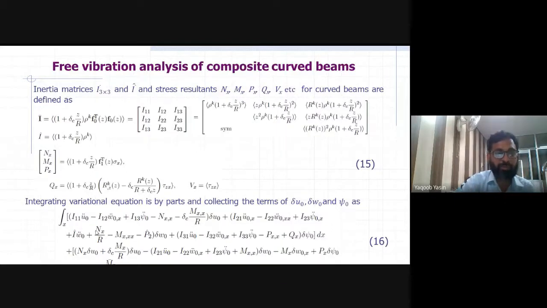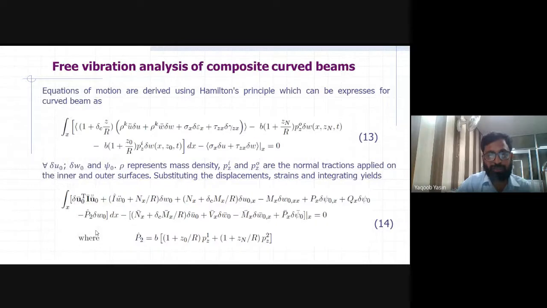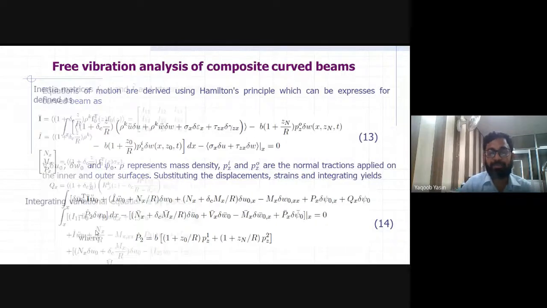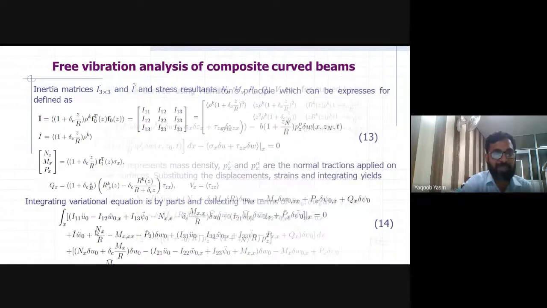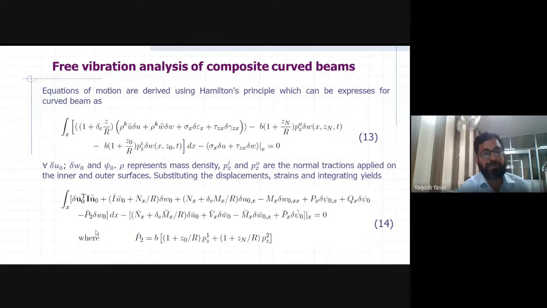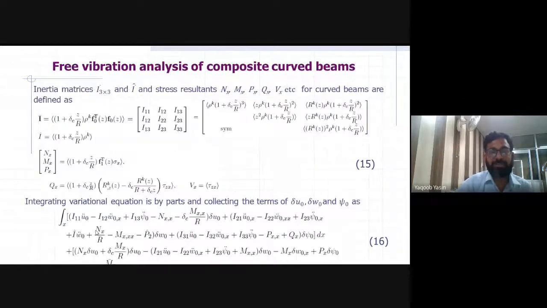So we substitute these and write the expression of equation number 14 for different values of displacement. For example, in equation number 14 we have defined the displacement vector, which is represented by u naught. Now we expand this into the different displacements. For example, u naught has u0, w comma x, and psi naught.